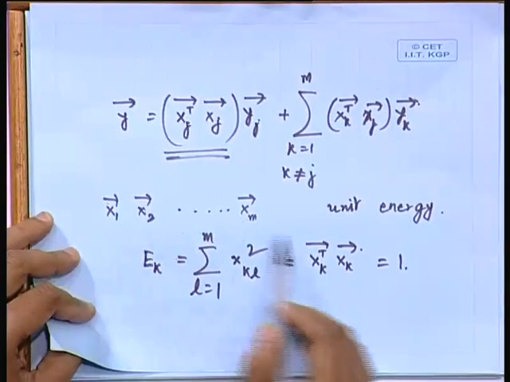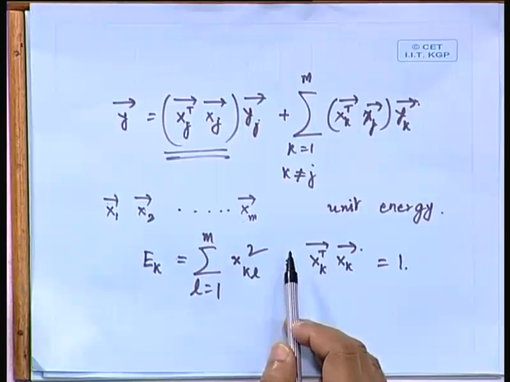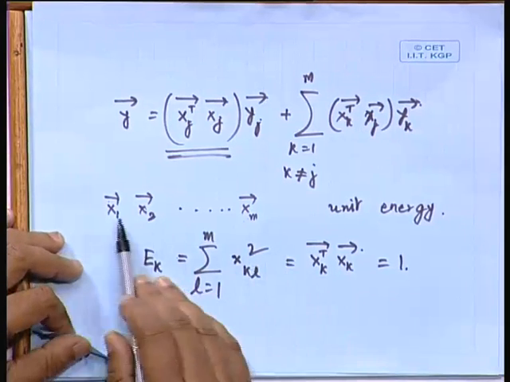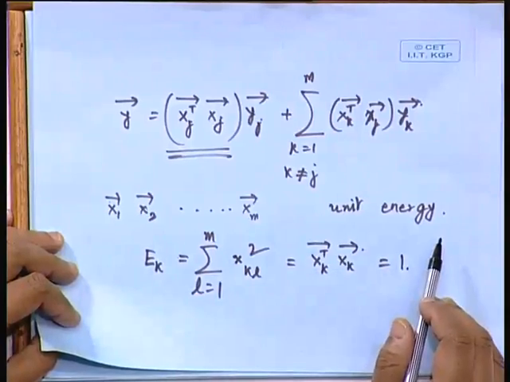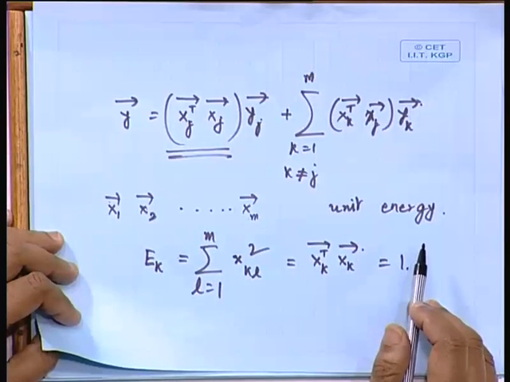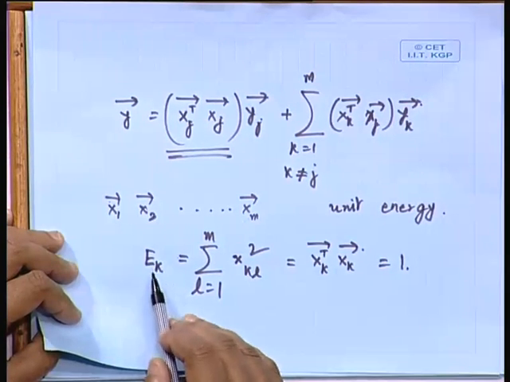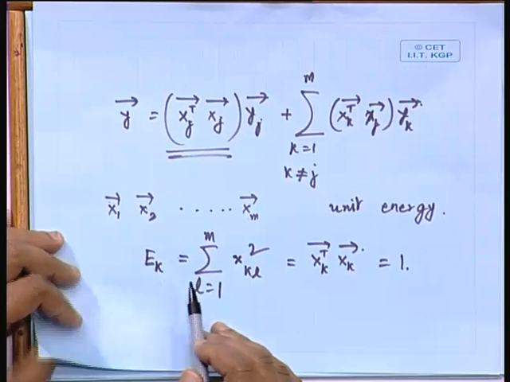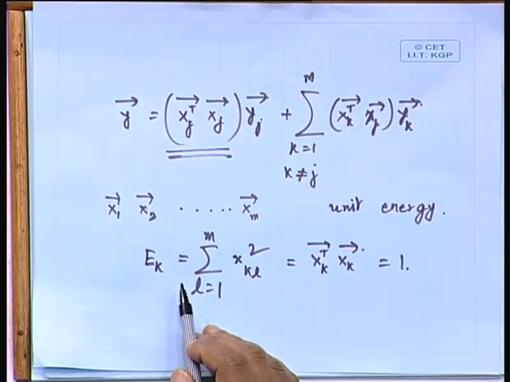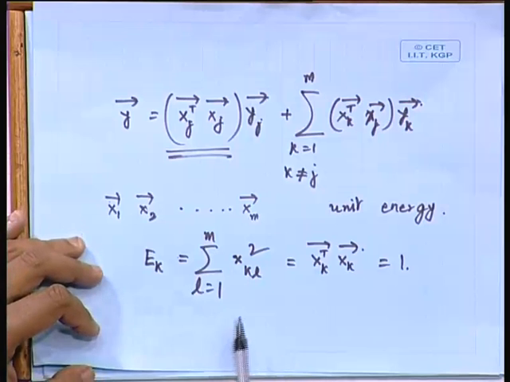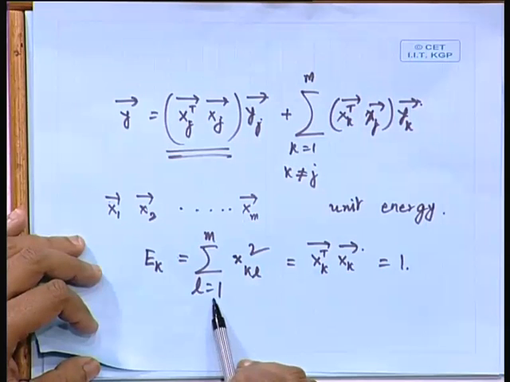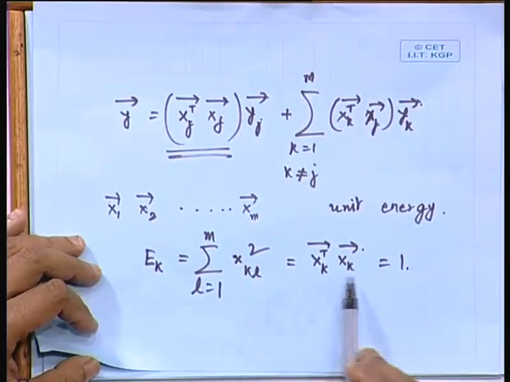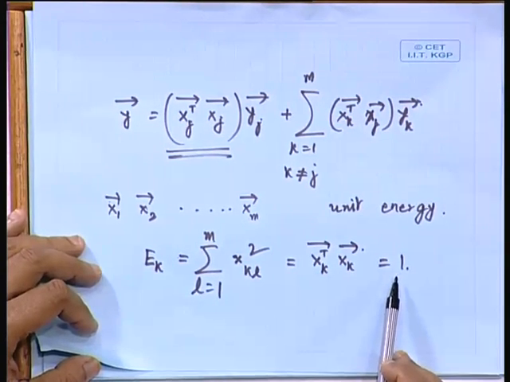And in order to simplify, we had furthermore assumed that all these vectors have unit energy, so that the norm of all these vectors will be equal to 1. In other words, if we calculate the energy Ek of any vector, let us say the kth vector, then Ek will be equal to summation of Xk l square, l is equal to 1 to m, and we just add it up and it becomes equal to 1.